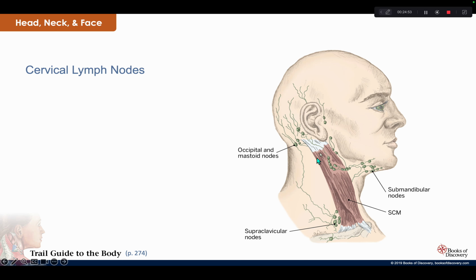A lot of times you can feel right under the mastoid process when these are inflamed. And then you have your supraclavicular nodes, right above your clavicle. When we're doing lymphatic drainage of the face, those supraclavicular nodes are typically the nodes we open up before we start the whole process of lymphatic massage.